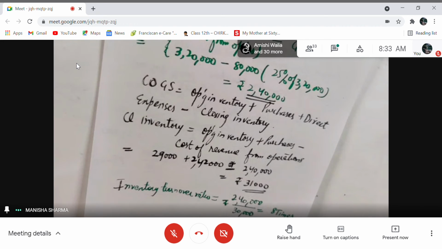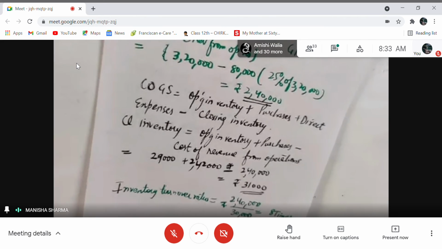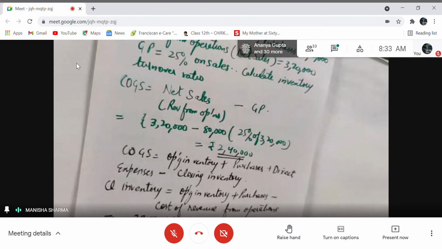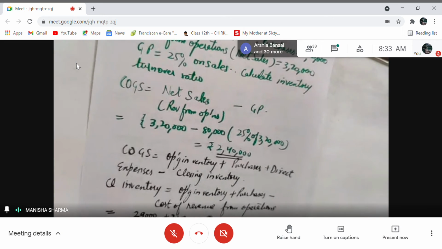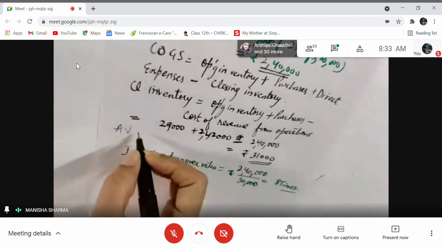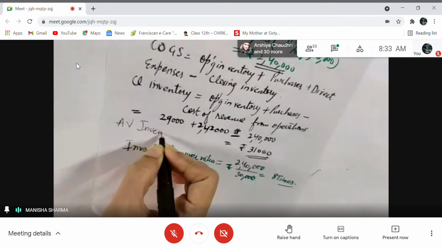Now we have the closing inventory and the opening inventory. Average is missing. You find average inventory here. I'll show you. Average inventory we need to calculate in working notes.